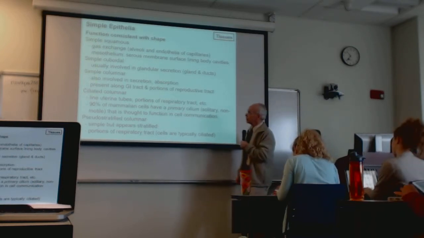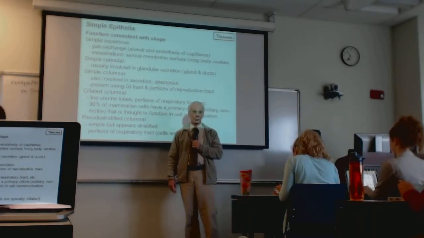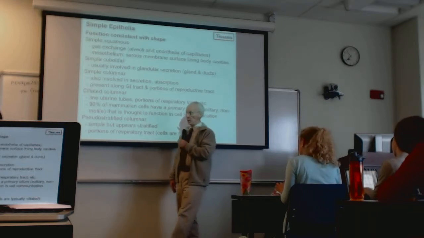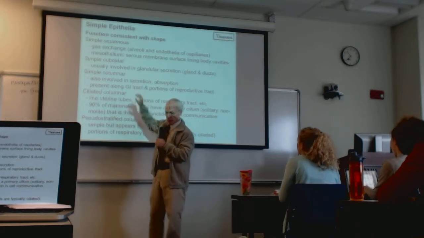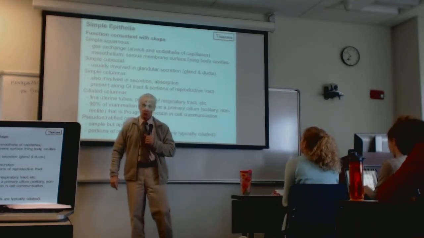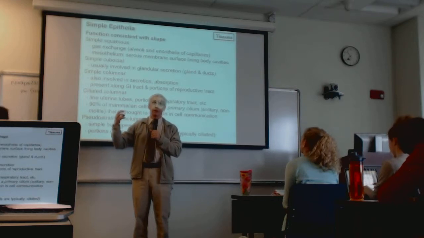Simple columnar, again, a lot of real estate here. This is shipping and receiving, even more so than the secretory cells. These cells often have a lot of things going on simultaneously. In the GI tract, where you find these so abundantly in the intestinal lining, they're not just doing shipping and receiving. Whenever they take something in, they process it.